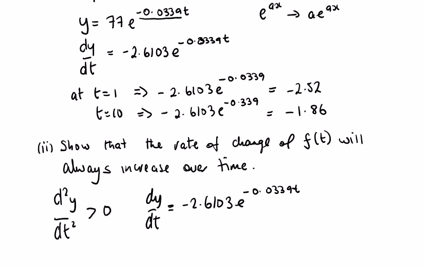So we're going to multiply the minus 0.0339 by 2.6103 to get 0.088 e to the power of minus 0.0339 t, and that is greater than 0 for all values of t. Therefore, dy dt, which is what we have, is increasing.